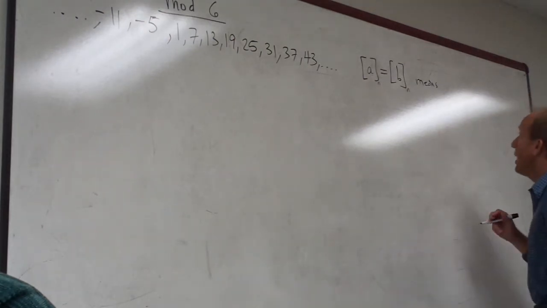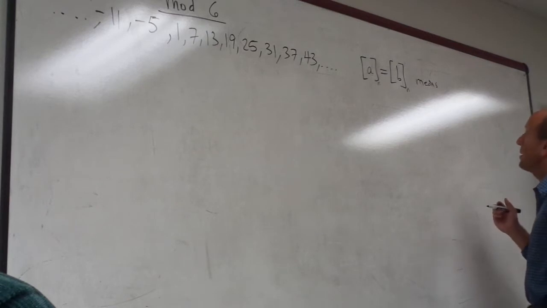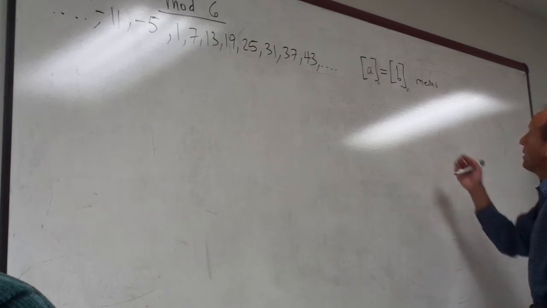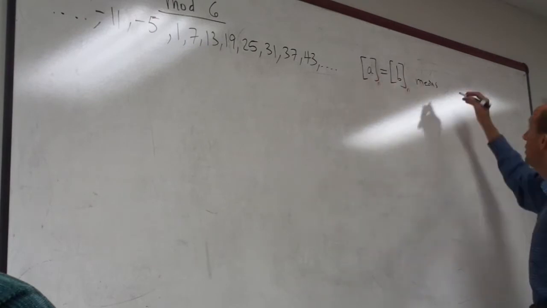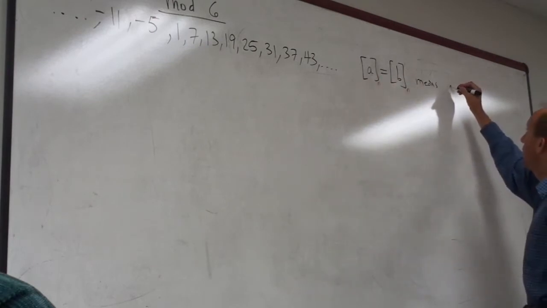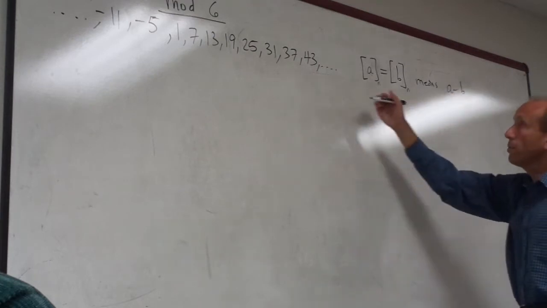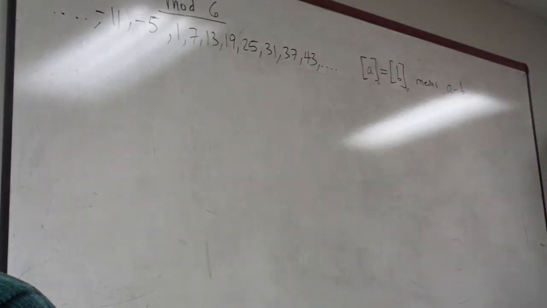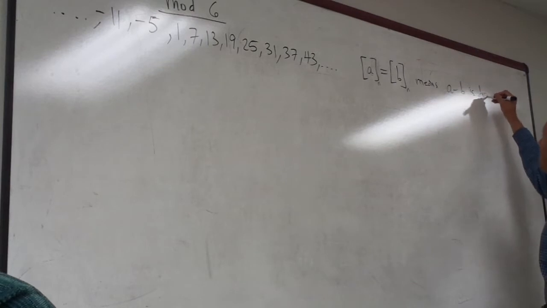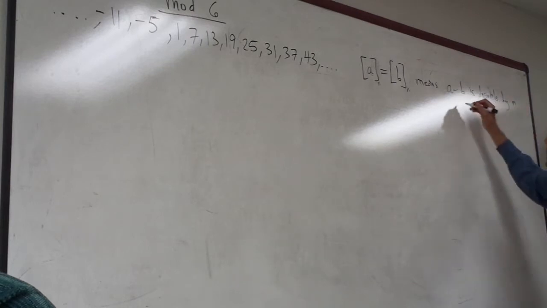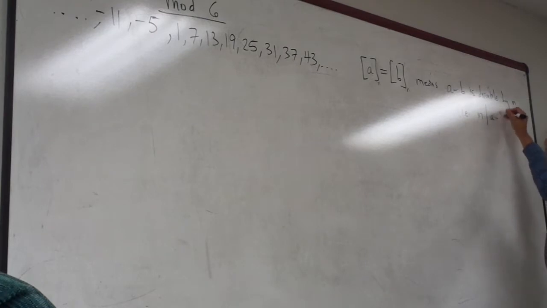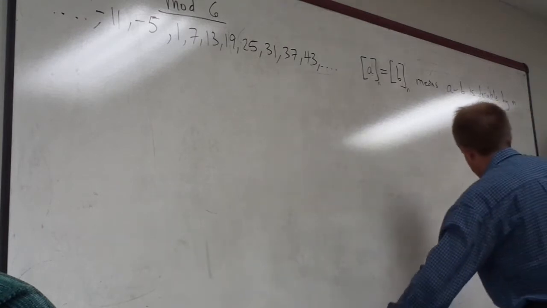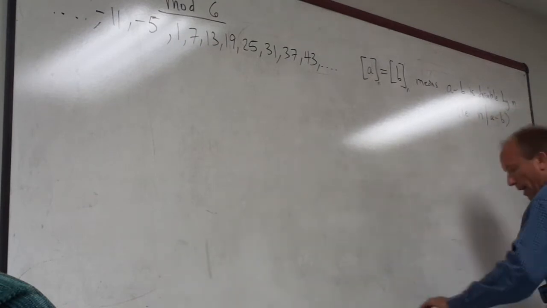What it means is that if you subtract any two of these numbers from each other, it doesn't even matter which ones they are, it is divisible by n. And that's just another way of saying n divides a minus b. This is a notation that you may not have seen before, but that's very standard in Math 302. So you'll need to be getting used to that notation.